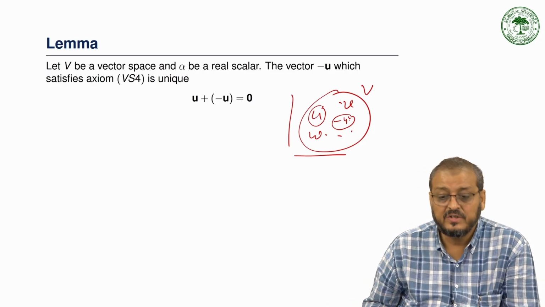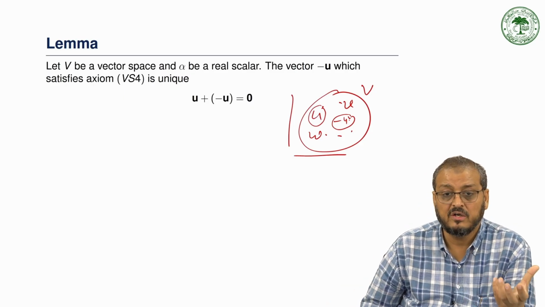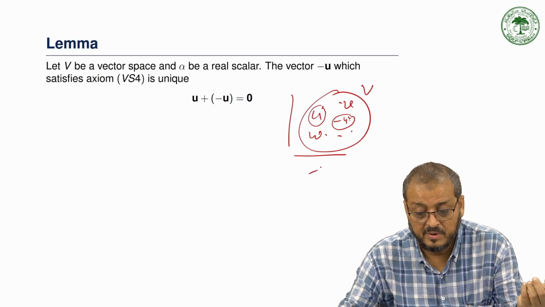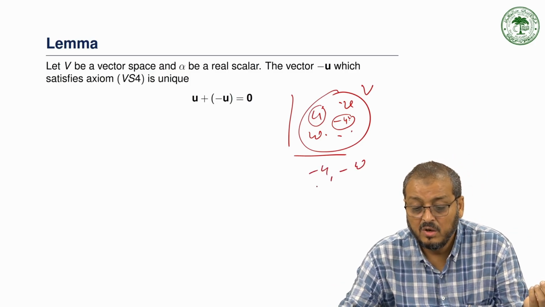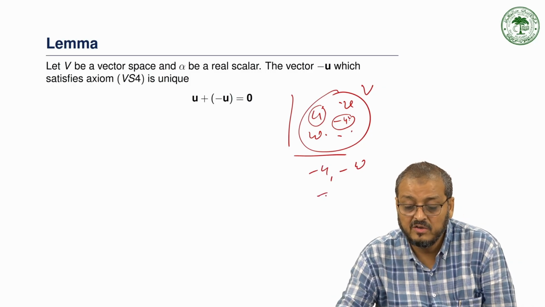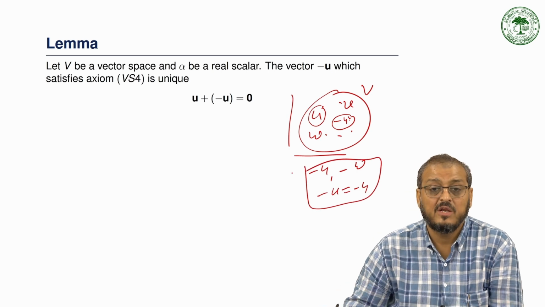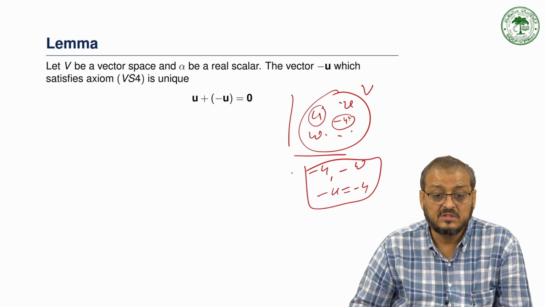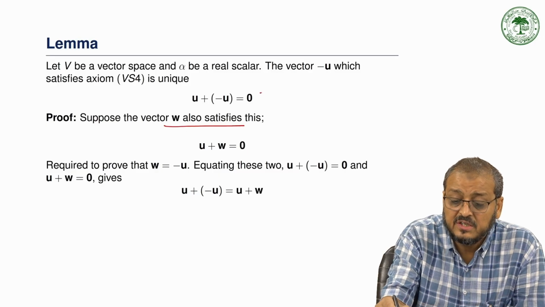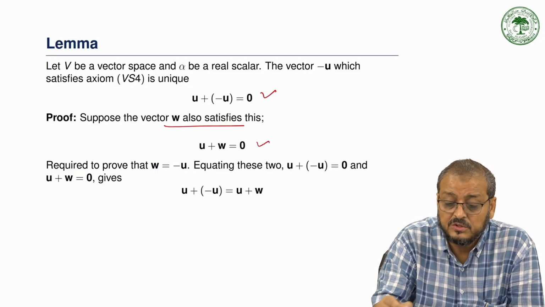Suppose there exist two different inverse elements. Again with the same technique, we take minus U and minus W as the two different inverse elements, and ultimately we show that they are the same element. Suppose W also satisfies this condition, so U plus W is equal to 0.